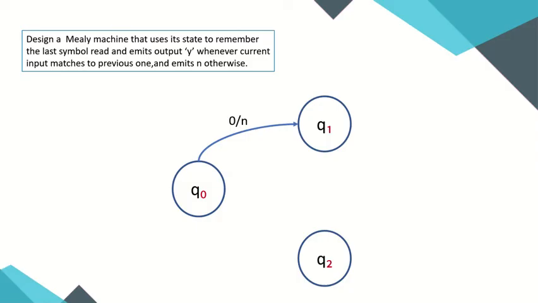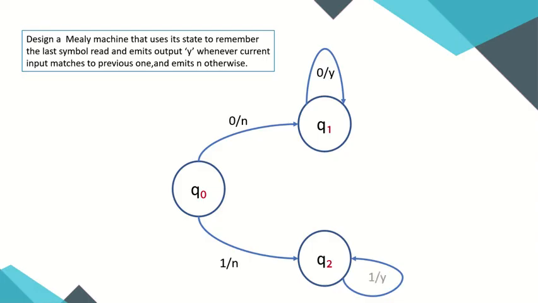For Q0, input 0 goes to Q1, output is N. For Q0, input 1 goes to Q2, output is N. For Q1, input 0, output is Y because it matches the previous one.